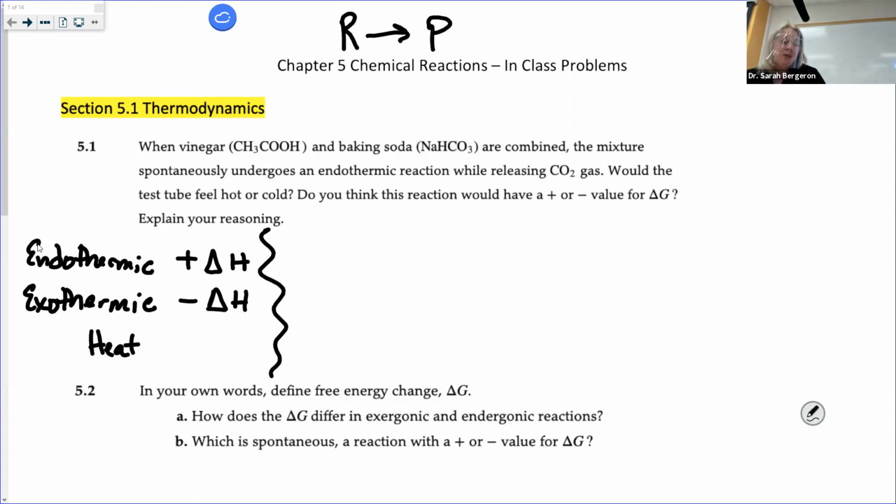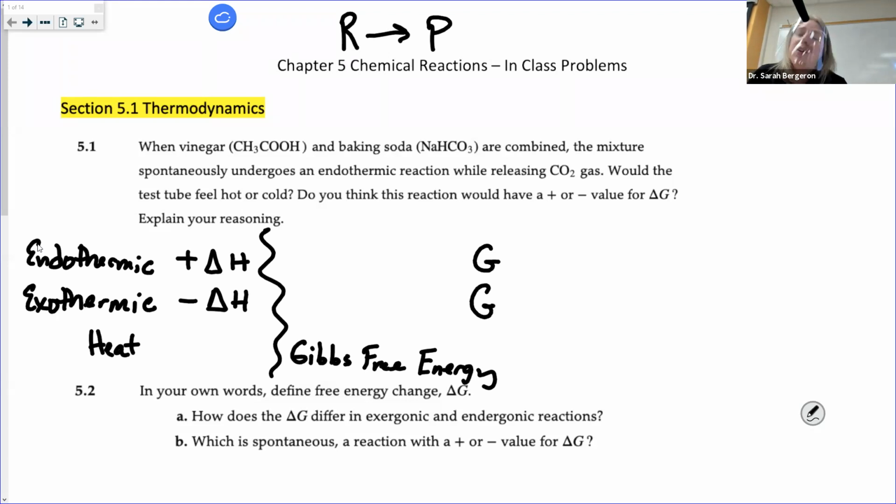Then the second parameter that we talk about is energy. And the energy that we talk about is Gibbs free energy. So instead of using the letter E, we use the letter G for Gibbs.